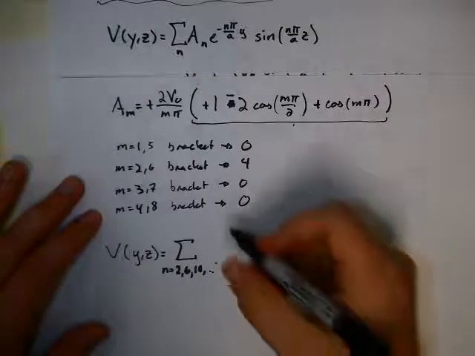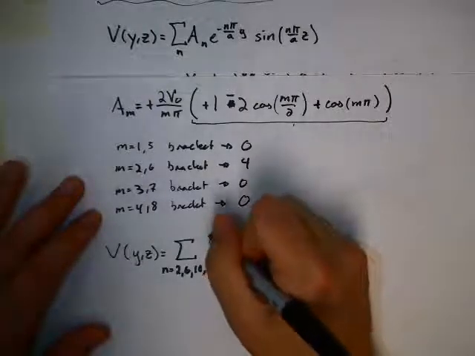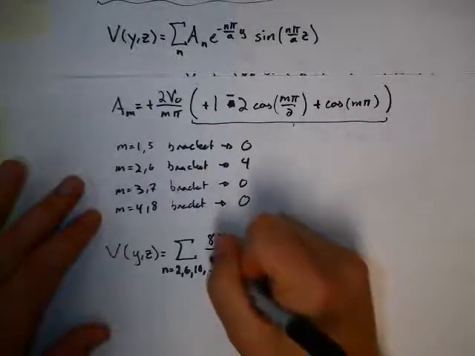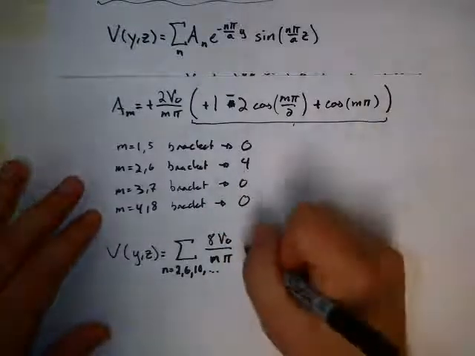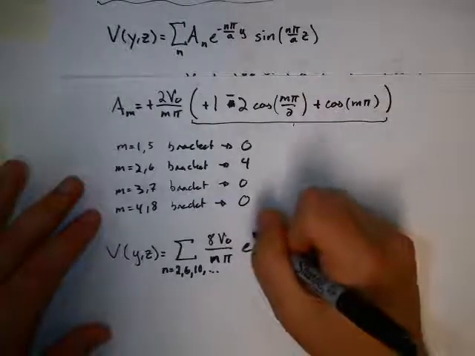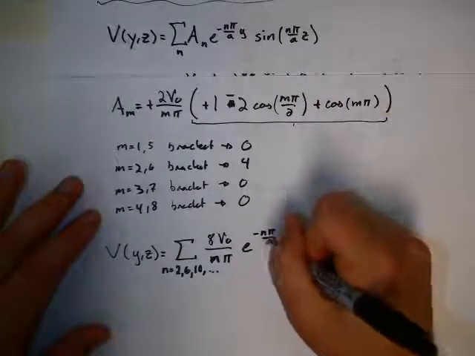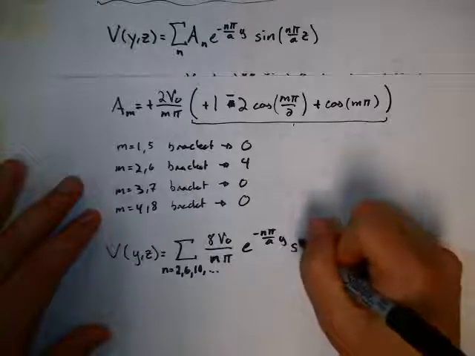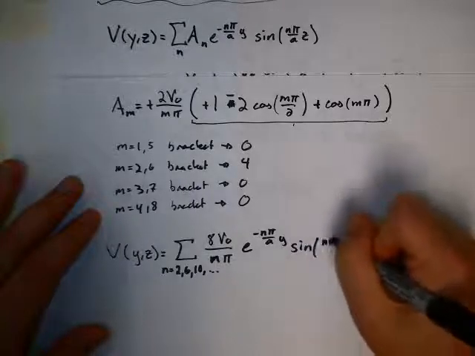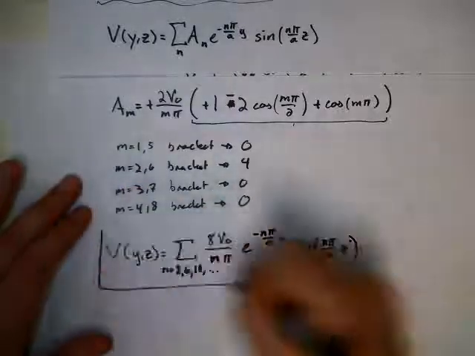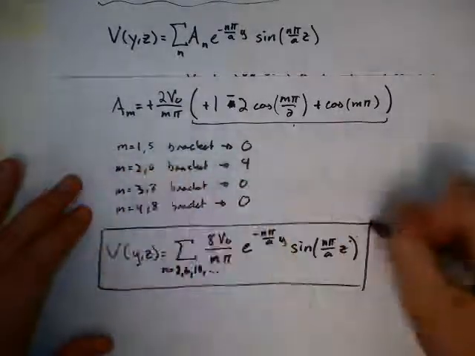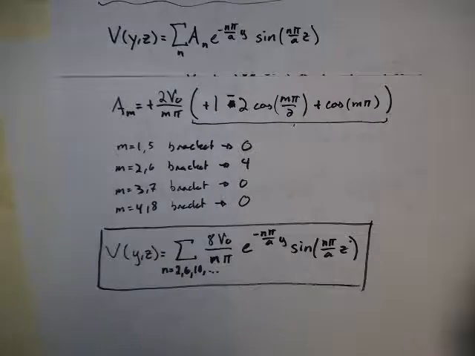And so it'll skip every 4. Then I'm going to get 8 V naught over n pi, multiplied by e to the minus n pi over a y, times sine of n pi over a z. And that is the potential between those two plates.